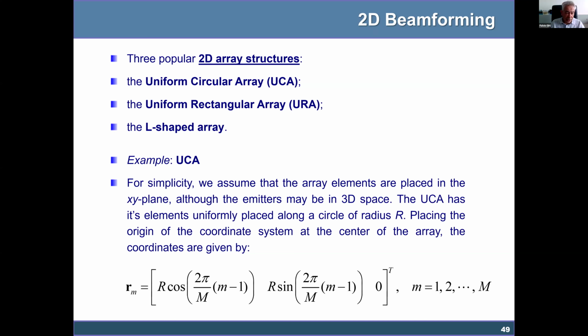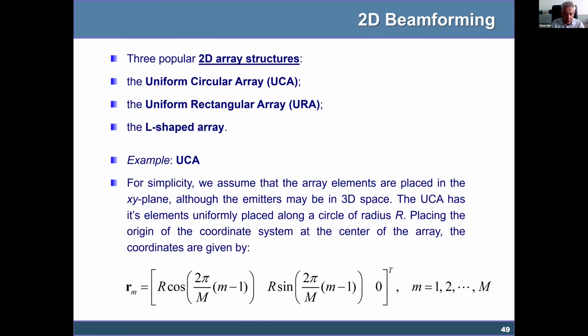So let's consider, for example, the uniform circular array. Let's assume that the M sensors are distributed uniformly over a circle of radius r. And this circle is located in the XY plane.